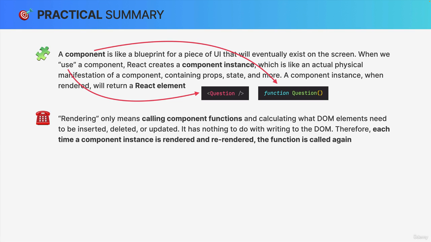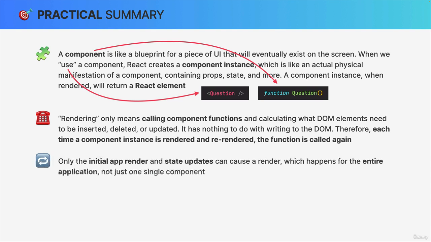But what actually triggers a render to happen? Well, as you should probably know already, only the initial app render and state updates can cause a render, which will happen for the entire application. So even though it might look as if only one single component is rendered, the process is actually executed for all components.